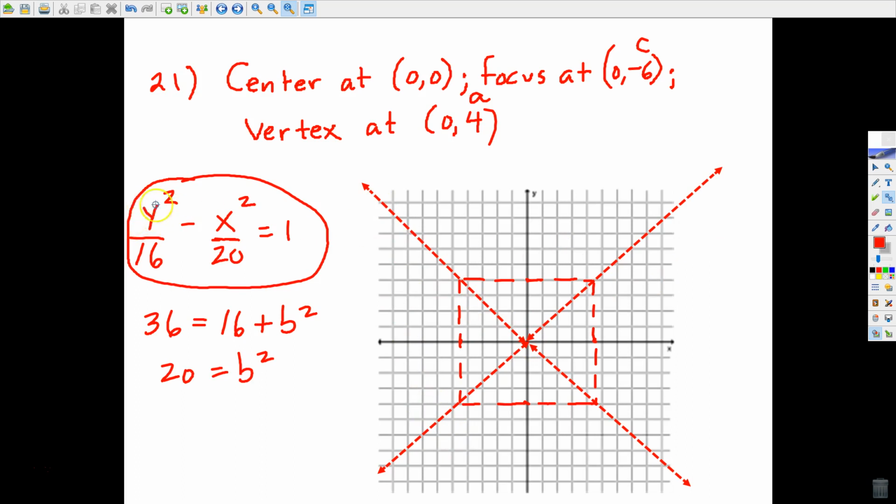And remember, since y comes first, we've already established that because our focus and our vertices are on the y-axis, this hyperbola must open up and down. Vertices are the points where I'm going to cross. So here's the top half of the hyperbola, and then here's the bottom half.